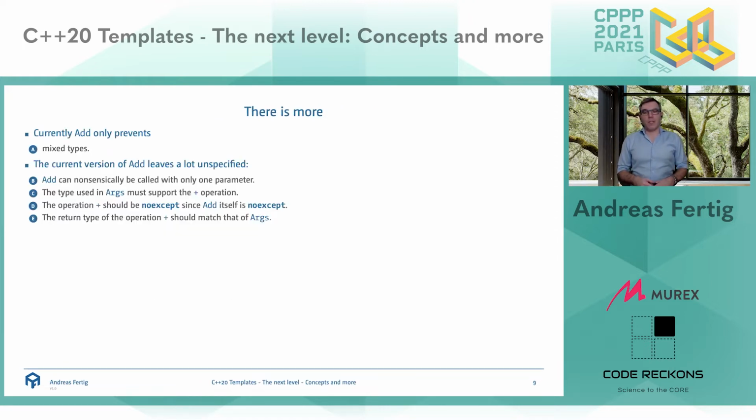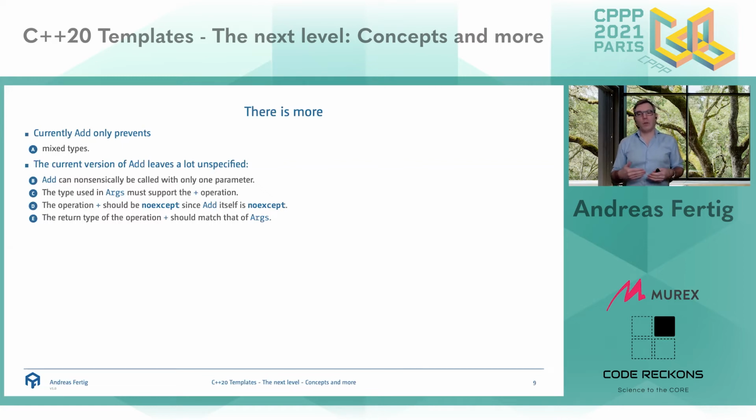Now, if we think back about the add example, we can say that we already figured out one requirement. That's the one I told you about. Let's call that requirement A, and this is that add should prevent being called with mixed types. But that's only one thing, and it's probably one of the easy ones.